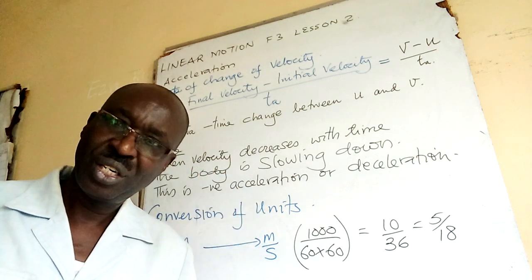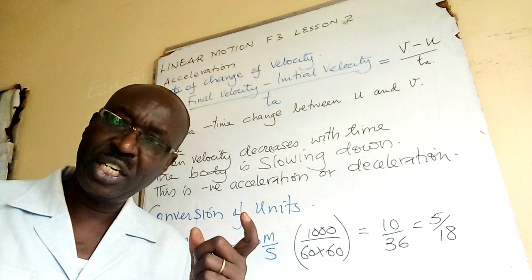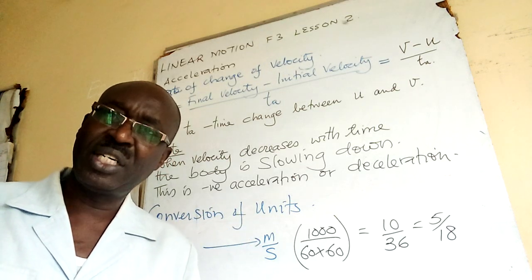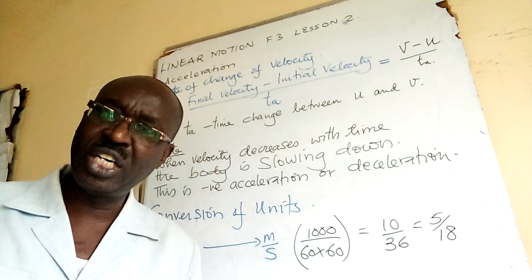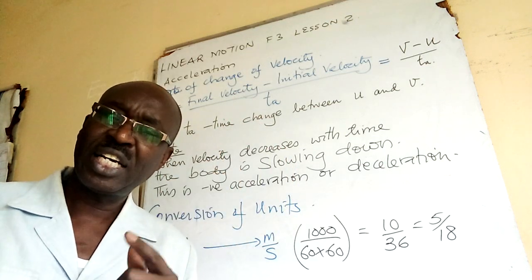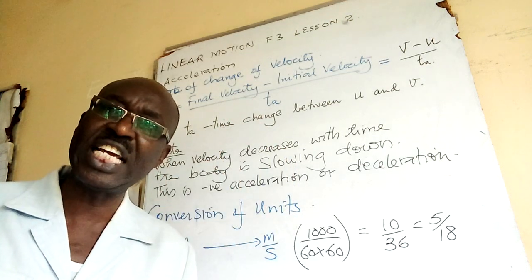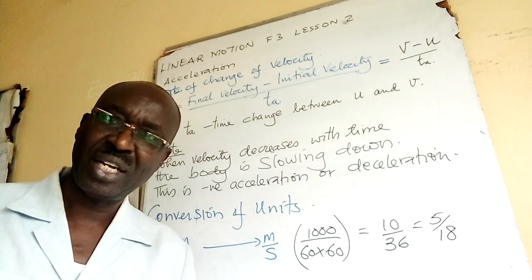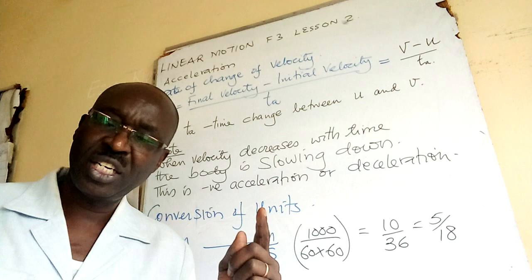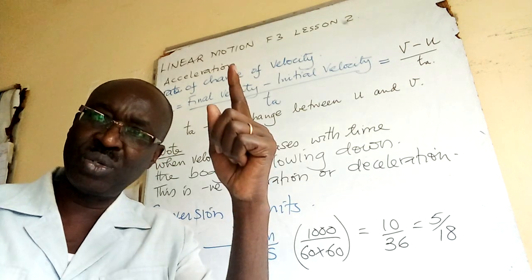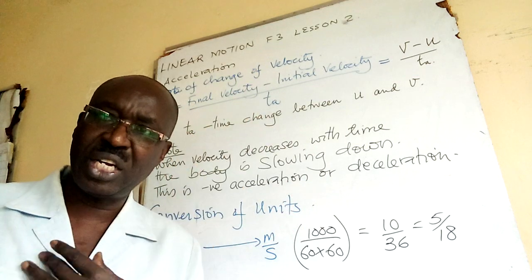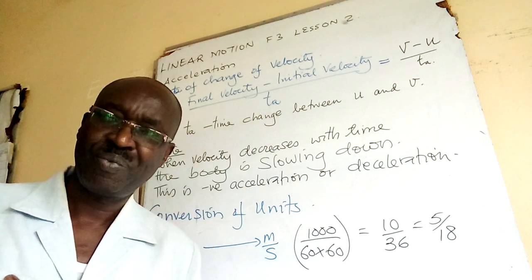For example, 40 meters per second, it is increasing. Within 10 seconds, it has reached 60 meters per second. 40 up to 60, and that change happened in 10 seconds.